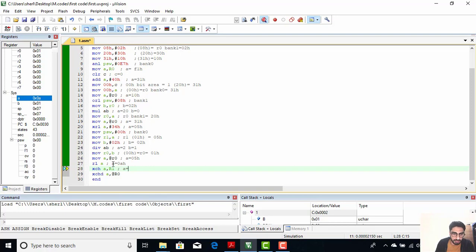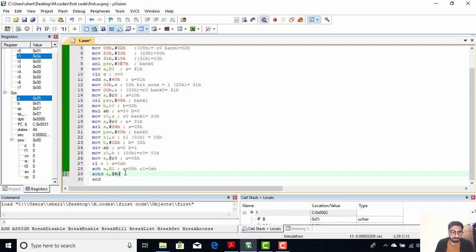So A is 0A and R1 is 05. So we'll exchange this value with this value. So 05 hex for A and R1 equal to 0A hex. Let's see. Yes, exactly.